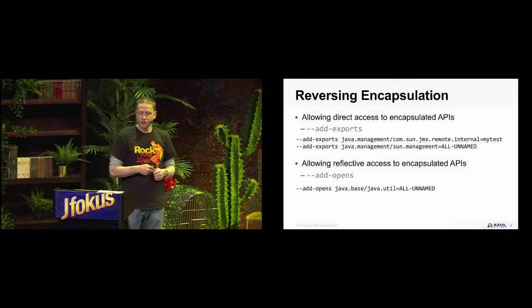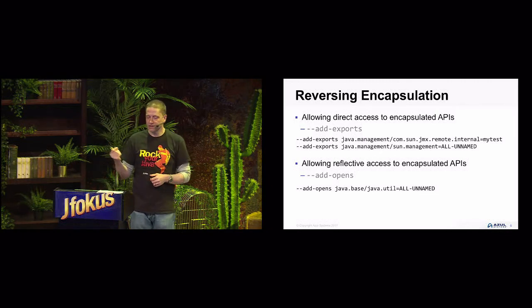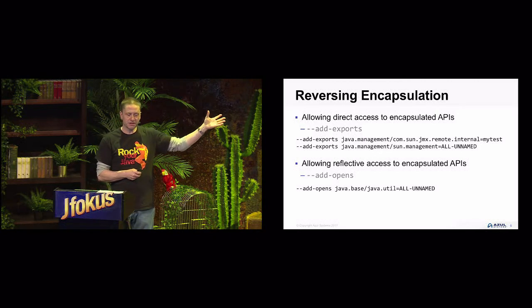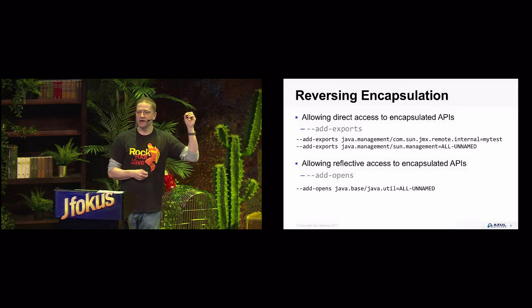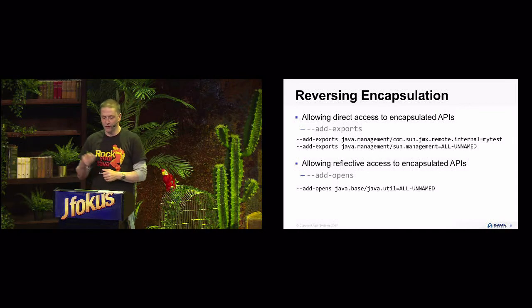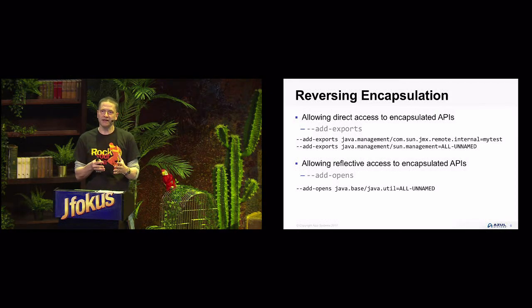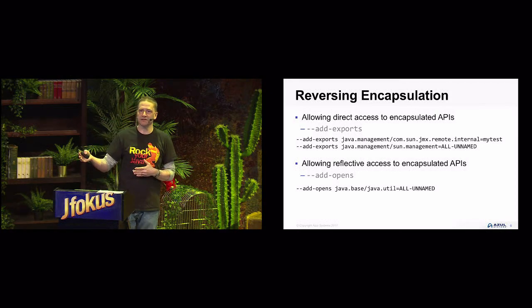Again, if you want to use the add-exports and add-opens, add-exports gives you a fair amount of flexibility. You can say, in the case of the example here, we've got the java.management module, and we want access to the sun.jmx.remote internal package, but only to my test.